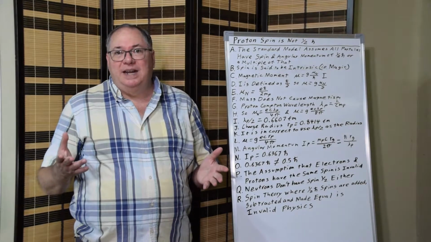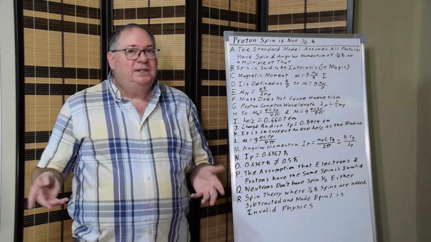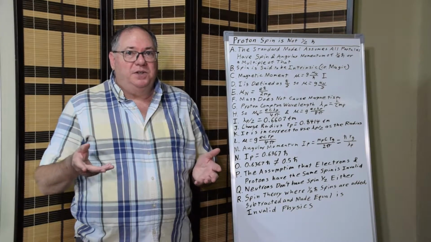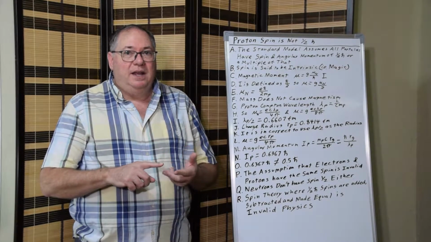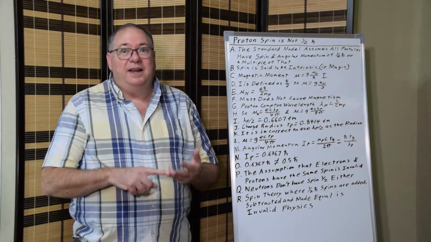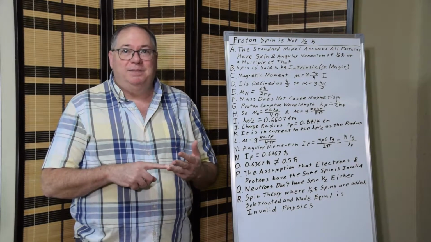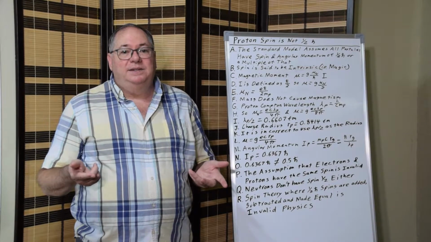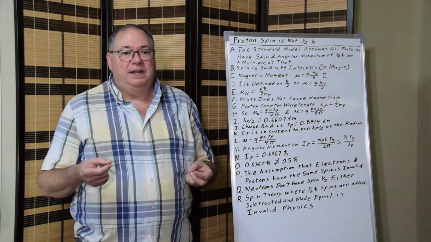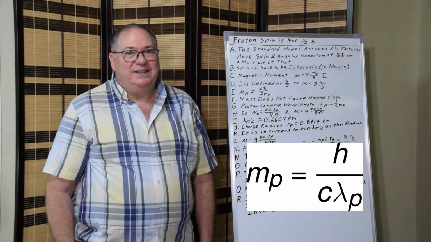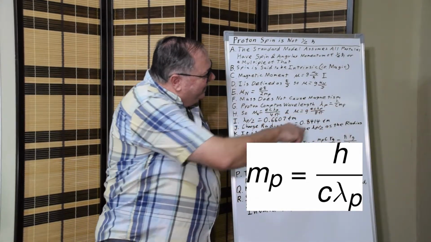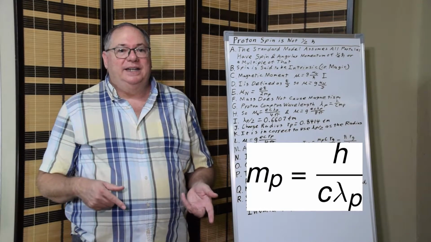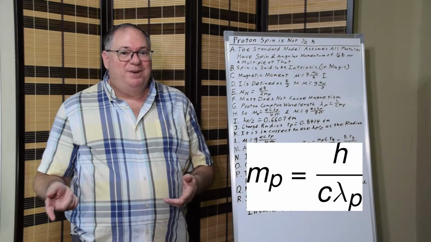And that sounds innocent enough, except that mass doesn't cause magnetism. Magnetism is determined by the charge, the radius, and the angular velocity. It's not determined by the mass. So what's going on? What's going on is the proton Compton wavelength. The proton has a Compton wavelength that's symbolized lambda p here, and it equals h over c times the mass of the proton.